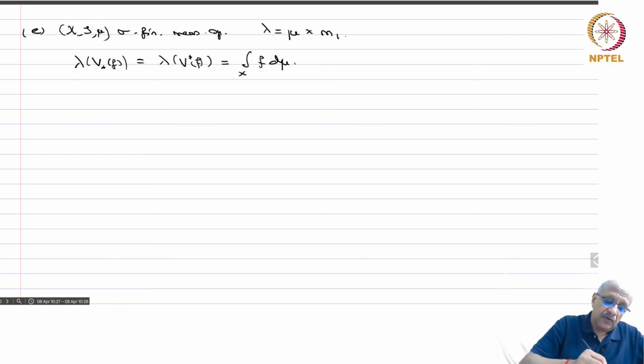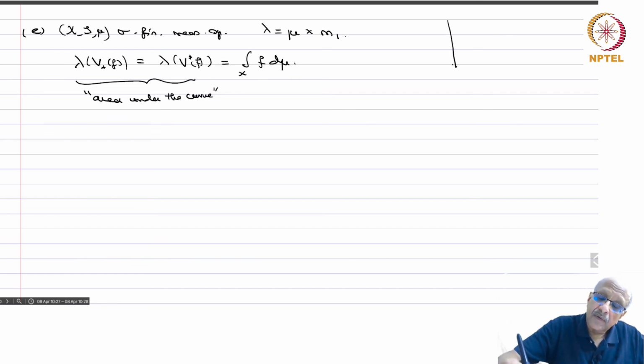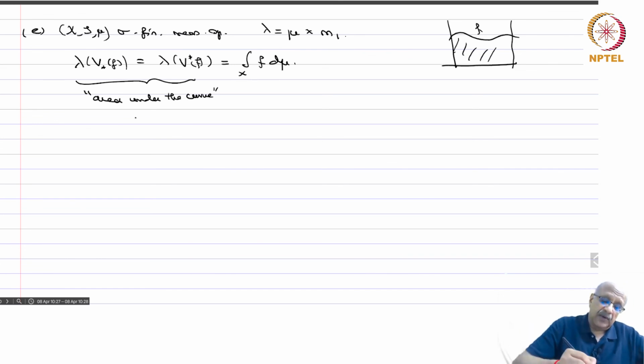So this is, you can say, area under the curve, because we saw that picture. So if this is f, then this without the boundary is V sub star, with the boundary it is V superstar, and that lambda measure is what you want. Okay, so lambda is the product measure, and therefore that gives you area under the curve.